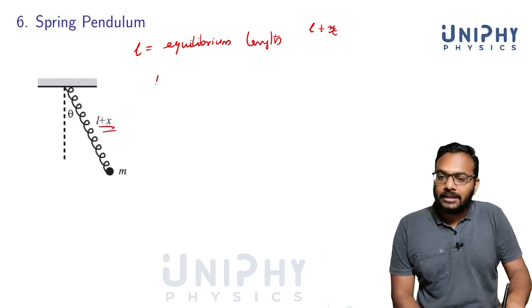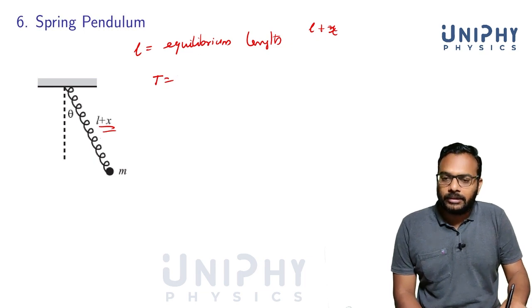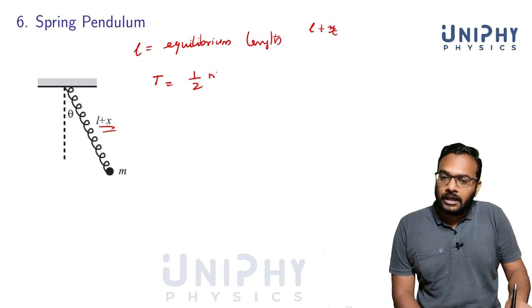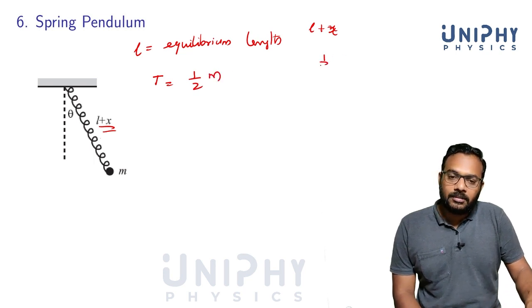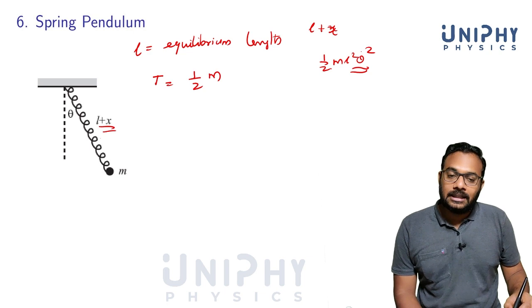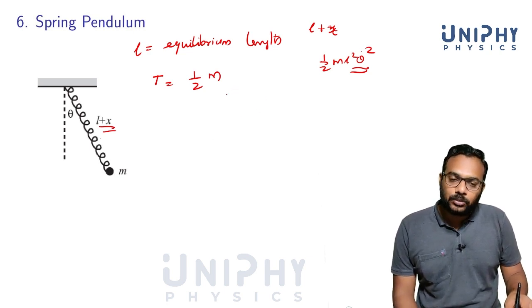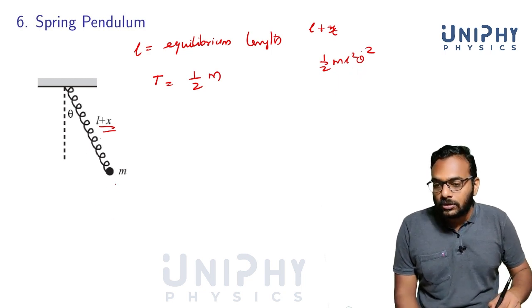And what's the kinetic energy? We could write the transformation equations and all that, but we know better than that. For the simple pendulum it was T equal to half m L square theta dot square, because it only had a tangential velocity; the length of the string would not change. Here it will have a tangential component as well as a radial component, because it also moves in this direction.